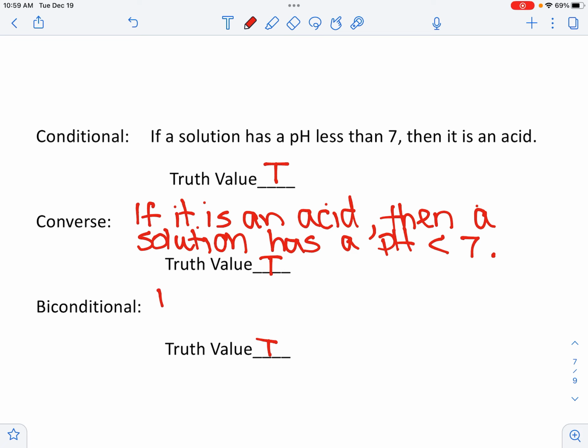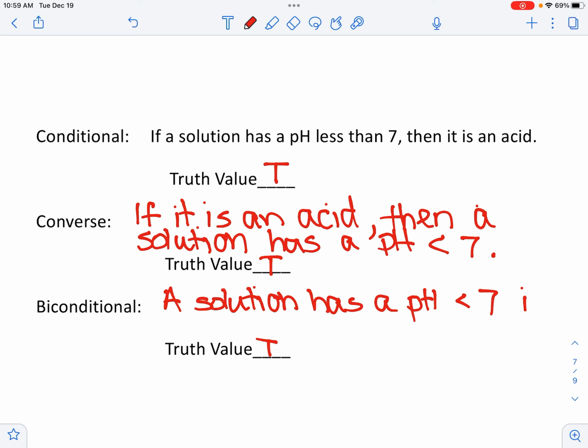We're going to say a solution has a pH less than 7 if and only if it is an acid.